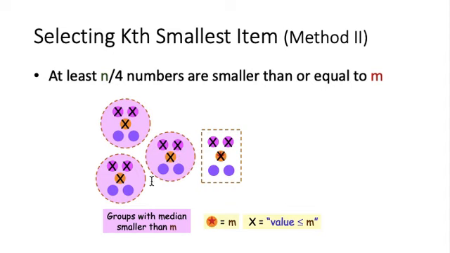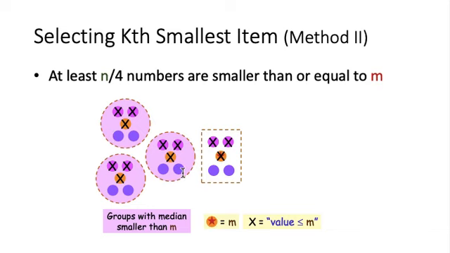For each of these groups, the pink balls are smaller than the median, so they will be smaller than M. So in the figure, all those balls marked with a cross will have value smaller than or equal to M. There could be more.